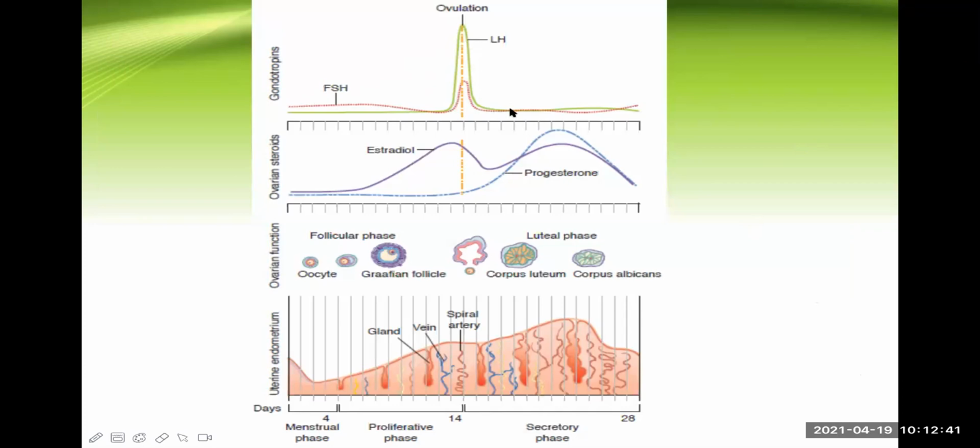This is known as LH surge. Estradiol comes in the proliferative phase. Progesterone comes in the luteal phase. These are the different phases of the development of follicle. Ultimately, graafian follicle will form, leads to ovulation, corpus luteum development, and corpus albicans forms. And these are the changes which occur in the endometrium.